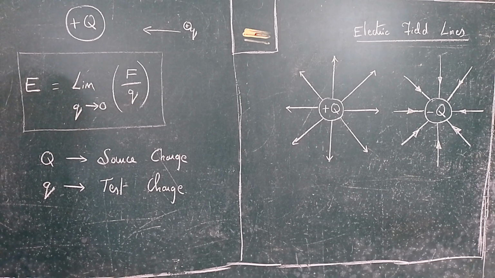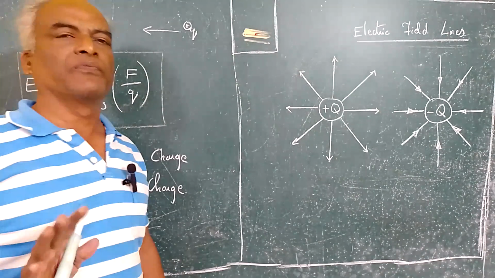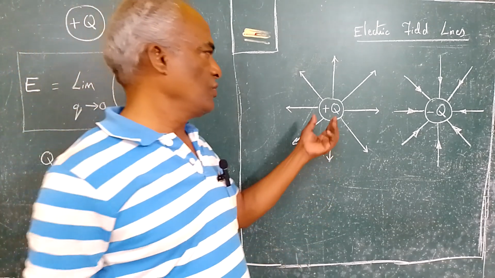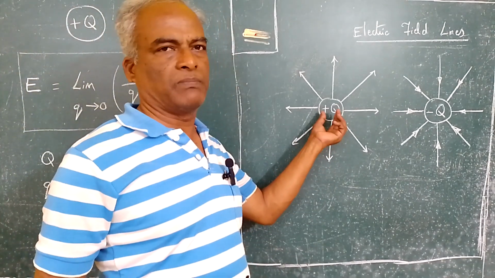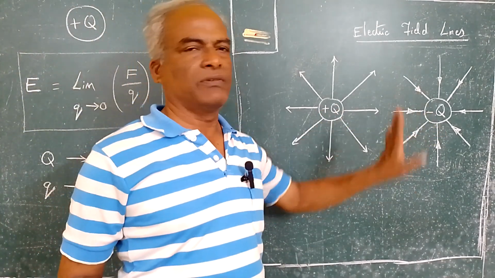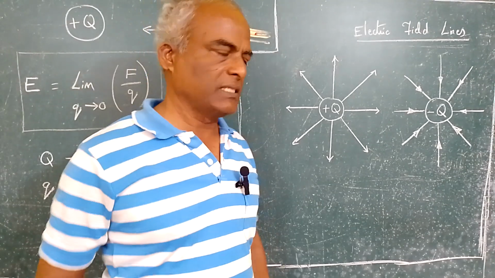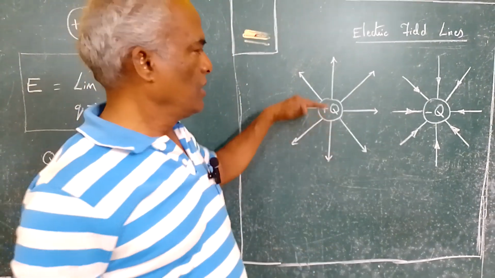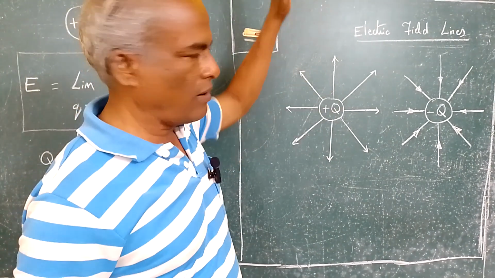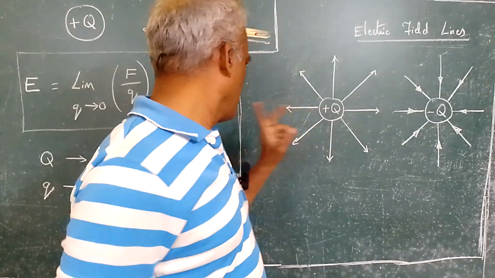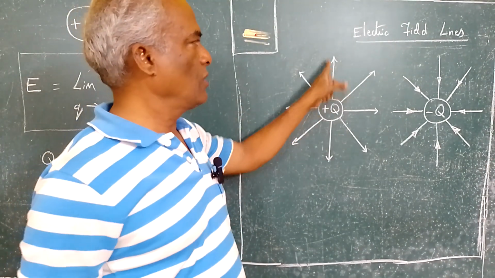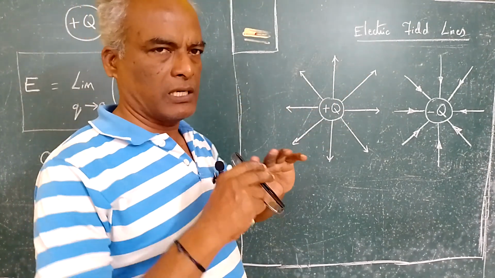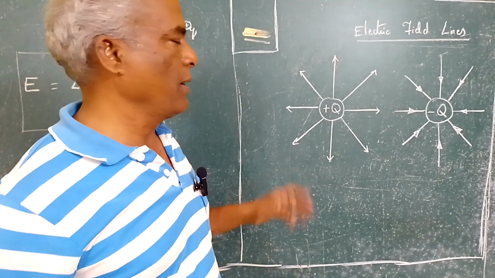The second part of the question is, we have to draw the electric field lines. Suppose you have positive charge plus Q or negative charge, two cases can arise. In this case, the electric field is going to move away from the source charge. See, all the electric fields are directed outside, away.